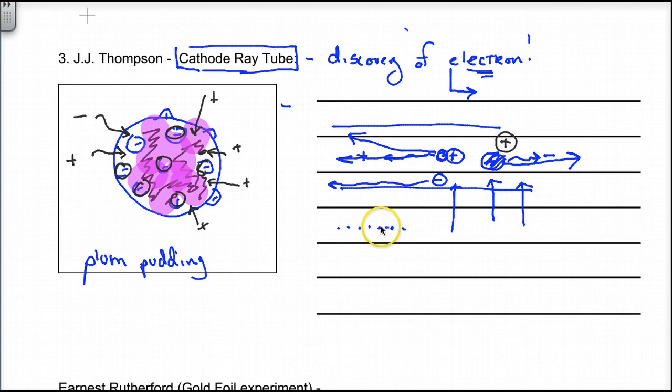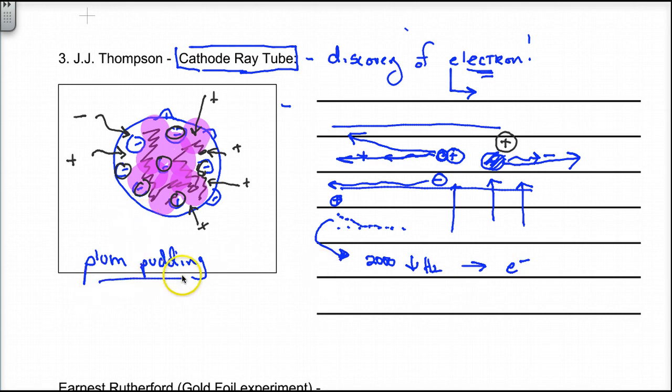They bent or deflected toward positive charges, and we were able to measure the mass to charge ratio, which was on the order of 2,000 times smaller than hydrogen, which led him to believe that he discovered a piece of the atom, later called the electron.